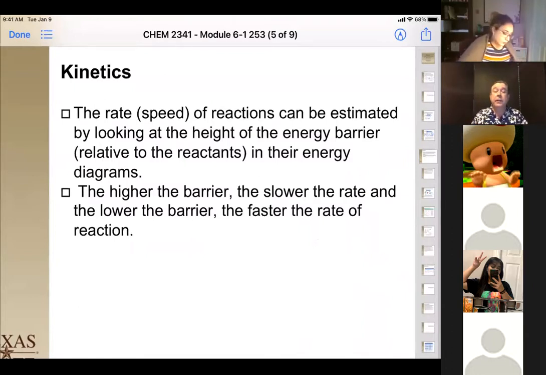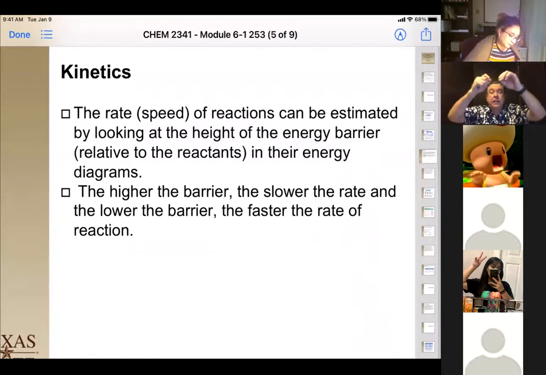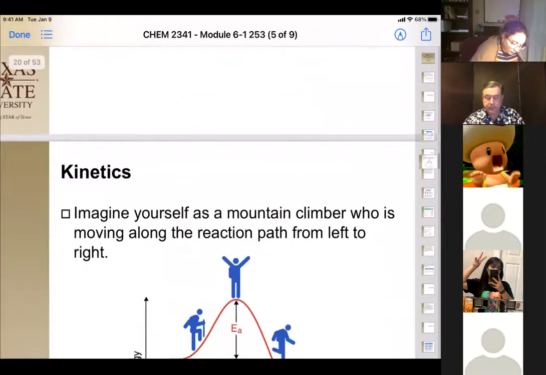The higher the energy barrier, the slower the reaction goes, because you have fewer molecules that have enough energy and speed and collision to get to that transition state. The lower the barrier, the faster the reaction. So just by comparing two reaction coordinate diagrams, you can predict which one is going to be faster. Okay? And that's all about the kinetics of things.